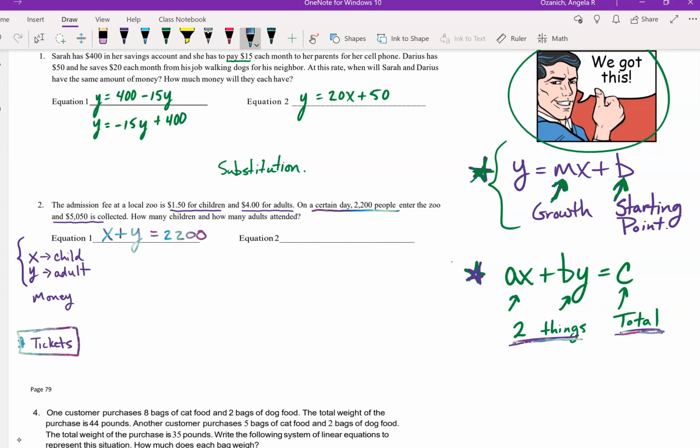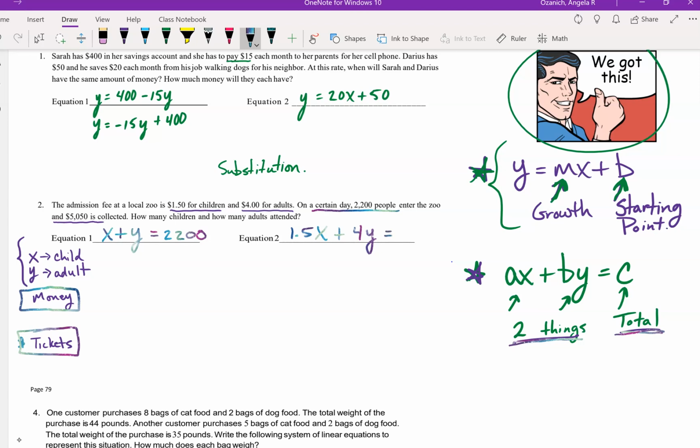Let's try equation 2 here. This time we're going to think about money. What kind of an equation could go in for the money? Well, I know that it's going to be $1.50 for every child ticket, so times X, plus $4 for every adult ticket, and that is Y, and then I had a money total.